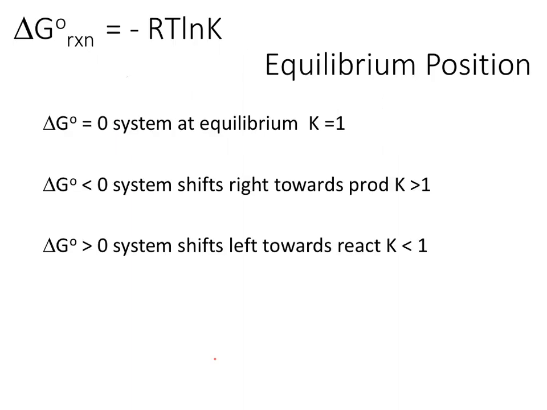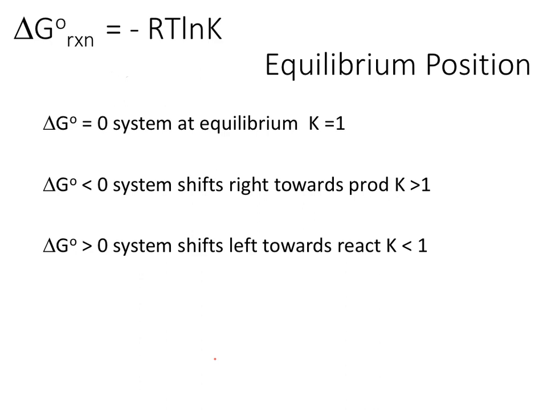We're going to look at the interrelationship between our standard free energy change and our equilibrium position. K can tell us the relative direction the reaction lies, and of course delta G naught can tell us the spontaneity of a process at standard conditions.